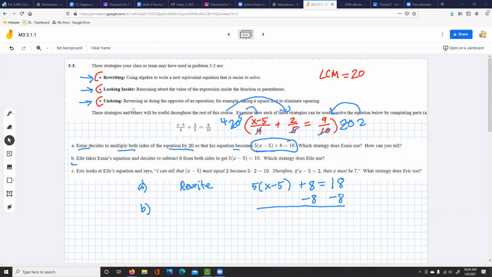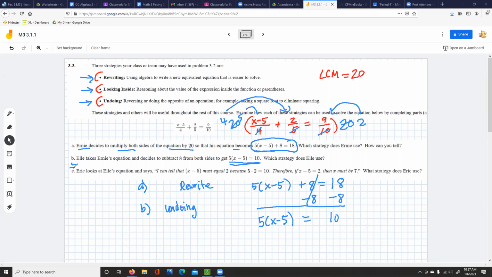Is it rewriting or undoing? It's undoing, that's correct. So her strategy is undoing. So part B is undoing, right? She's undoing the 8, the addition of 8 by subtracting 8. So our next equation is 5 times x minus 5 equals 10, right? So that's what she gets right there, L.